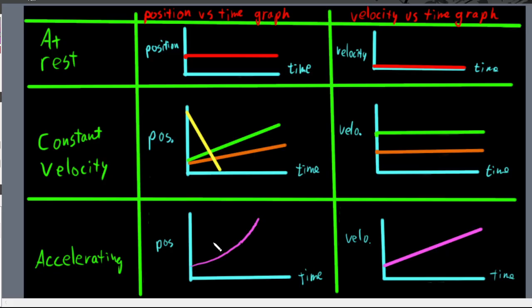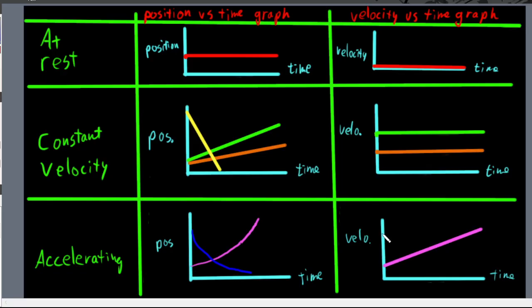If we had something like this, let me draw a nice blue one like here. The blue one starts off with a high velocity, which then gets less and less and less as time goes by.